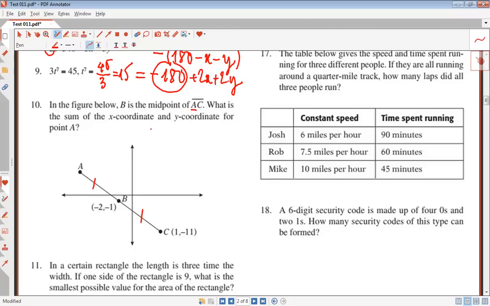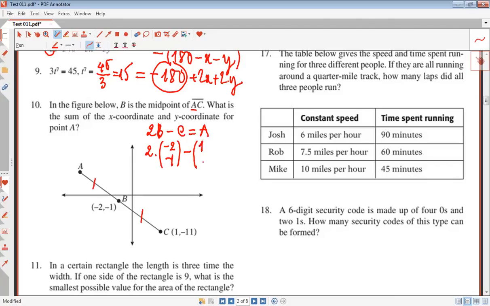Hence we have 2 times B, subtract C equal A.